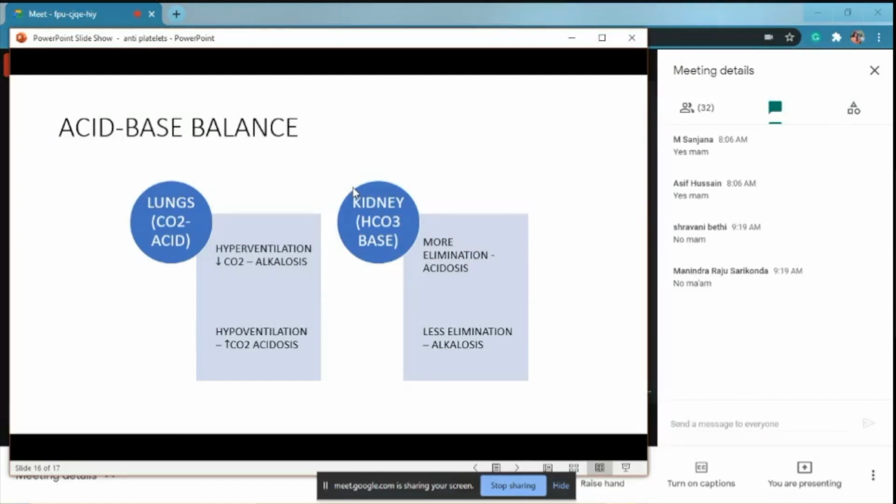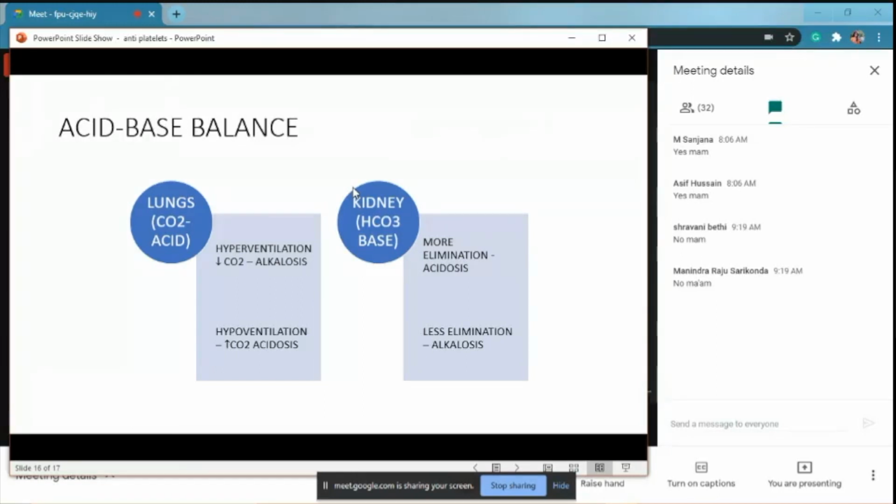In the kidney, bicarbonate is a base, which we already know. If the kidney eliminates more bicarbonate, we are decreasing the basic medium, so it causes metabolic acidosis. When it comes to the kidney, it is metabolic. So more elimination leads to metabolic acidosis and less elimination leads to metabolic alkalosis.